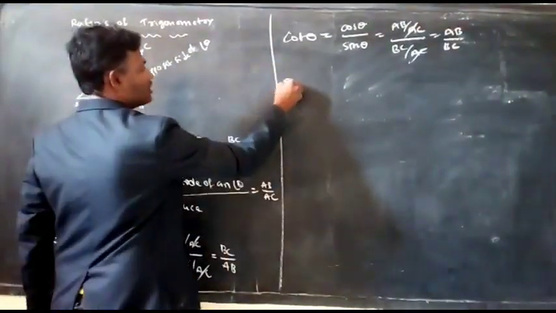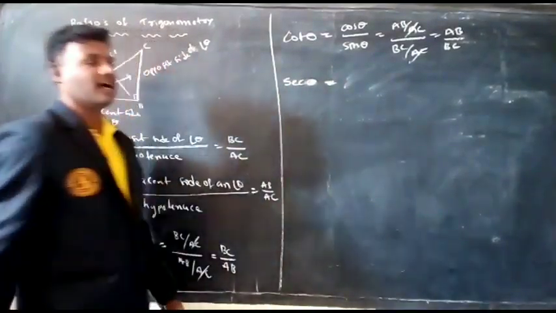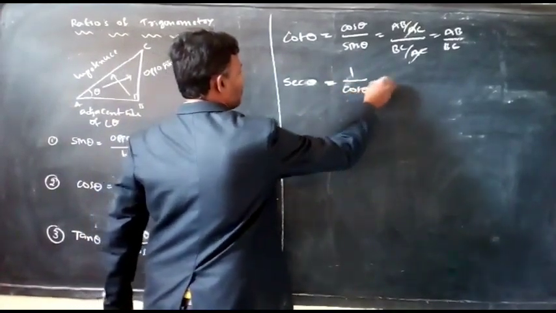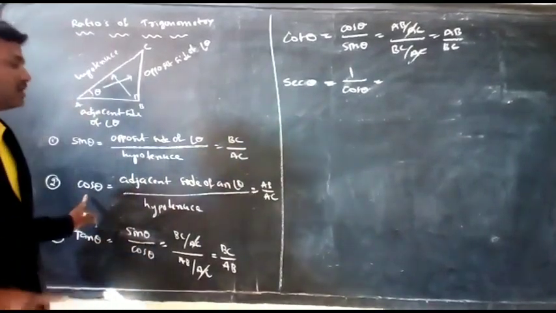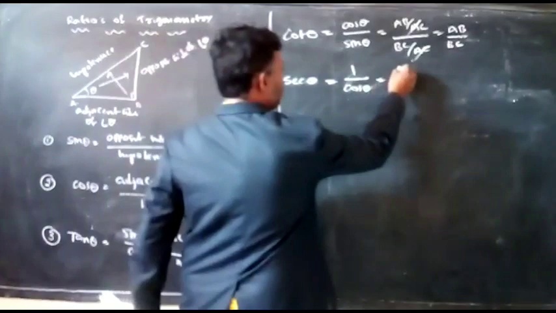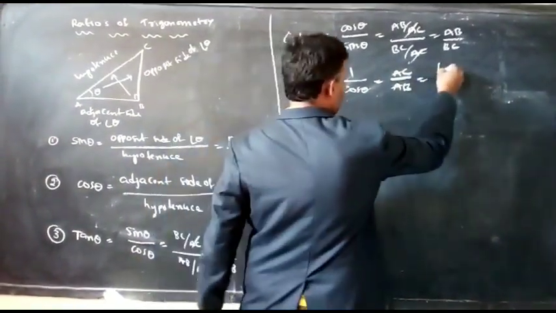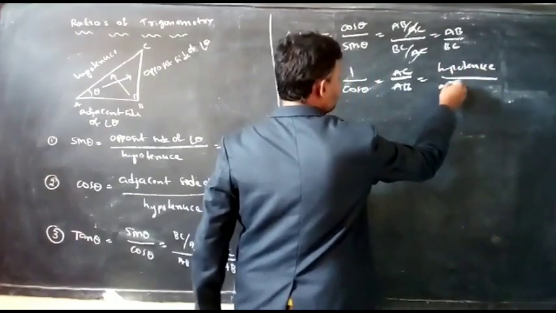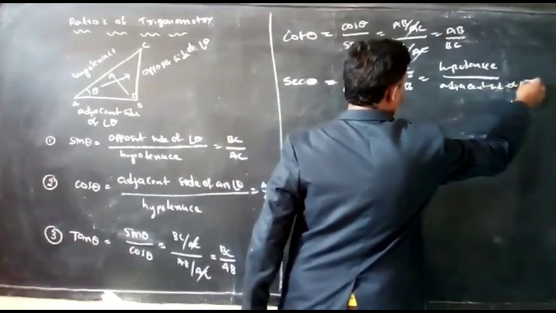Next, the fourth ratio, secant theta. Sec theta is a reciprocal of cos theta. Sec theta we can write as 1 by cos theta. What is the ratio of cos theta? AB by AC. This we can write as AC by AB. It is nothing but hypotenuse by adjacent side of an angle theta.